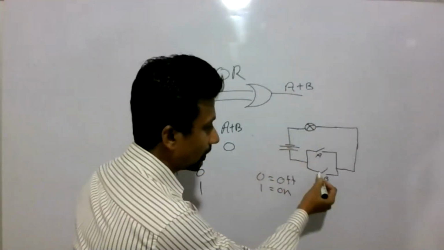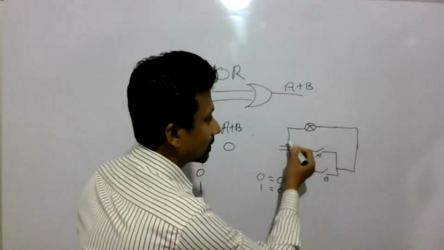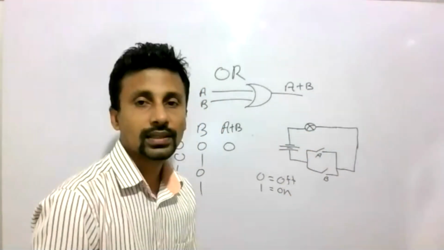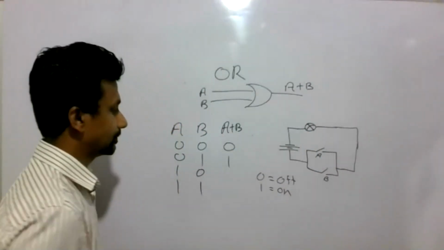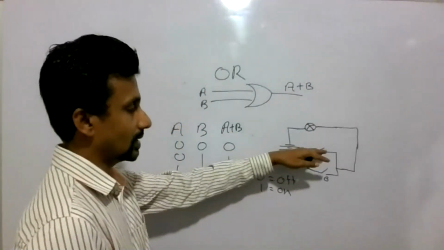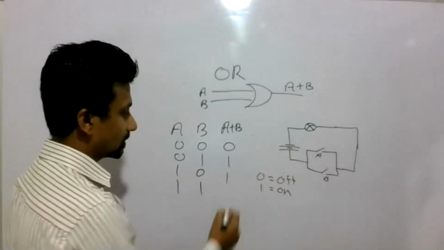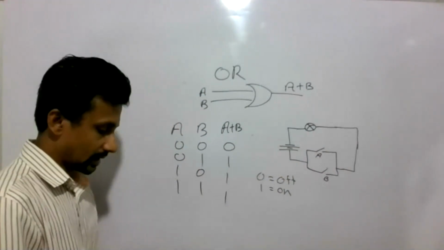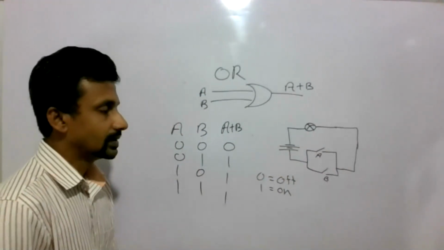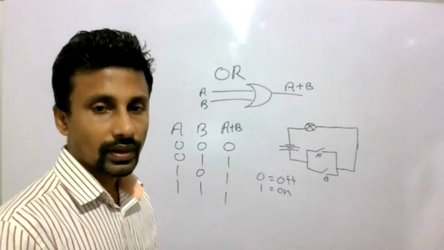The power goes through that switch and the circuit is complete. When the circuit is complete, that means the bulb is working, so you can put 1. The other way around, if this one is on and that is off, it is also working. If both are on, definitely it works, right? This is the OR gate.